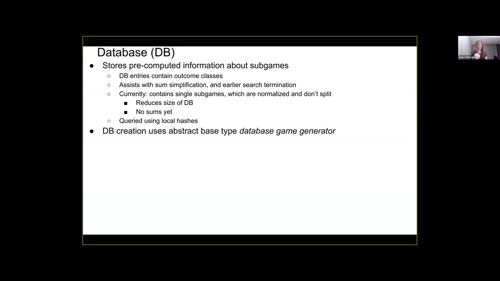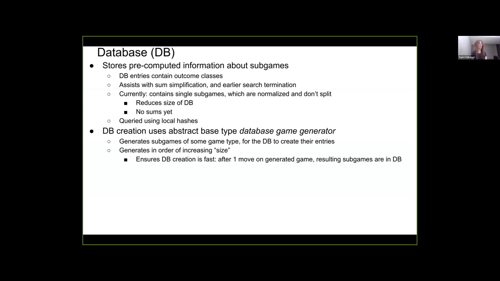The database creation process uses this other abstract type, the database game generator. And its purpose is to generate the games that the database will create entries for. We generate them in order of increasing size, and this ensures that the process is fast because after you play a move, the result will be in the database.